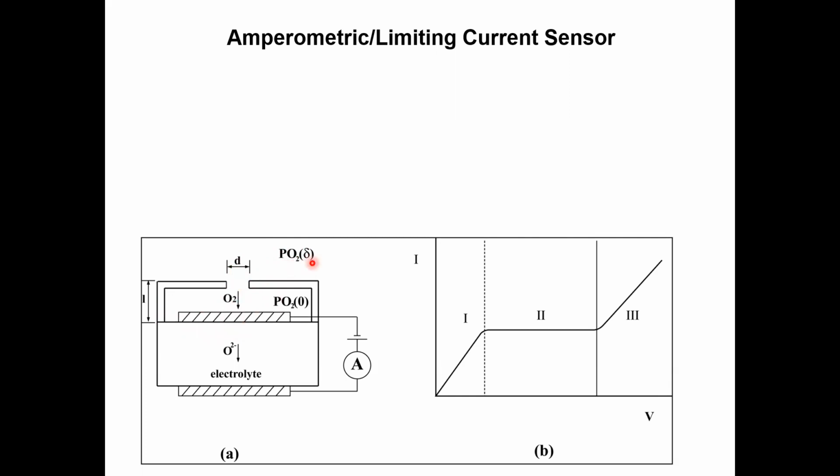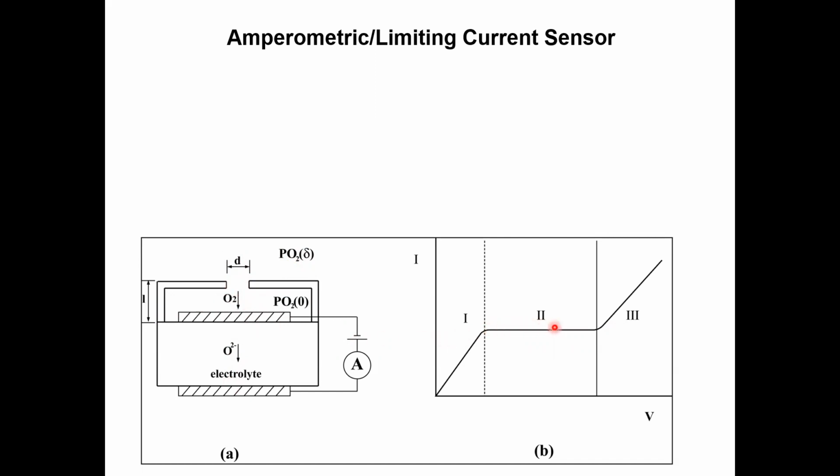When the pumping rate exceeds the diffusion rate of oxygen coming from the sensing environment through this hole into this chamber, then the current is not going to change. Whatever is coming in, you are immediately pumping out. So the chemical potential of oxygen here remains constant.